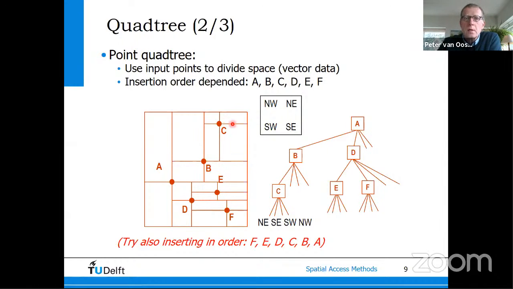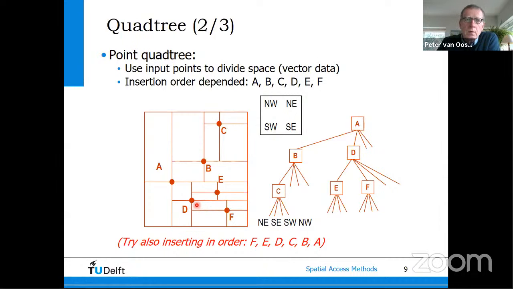Then I get C, go in the tree. Okay, C is also to the northeast of A, so this branch, then check against B. C is also to the northeast of B, so that is this branch. So this is the order, and it's put over here, and it subdivides the space into 4 parts.